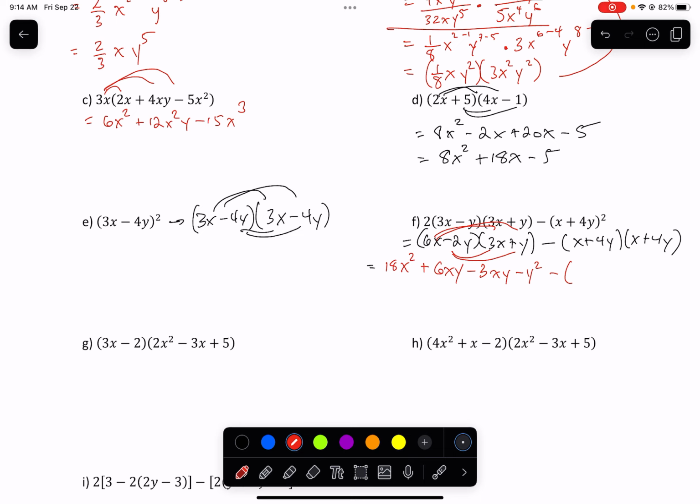Negative 2y times 3x. Oh, sorry. I got the negative, but I wasn't paying attention to that extra factor 2 in there. So that's the negative 2y times 3x, right? So that'd be negative 6xy. And negative 2y too. Yeah, sorry, thank you.